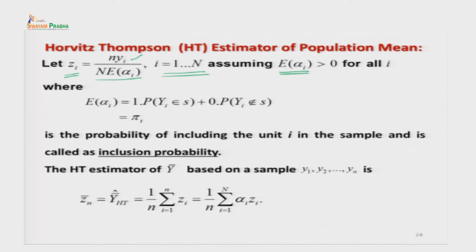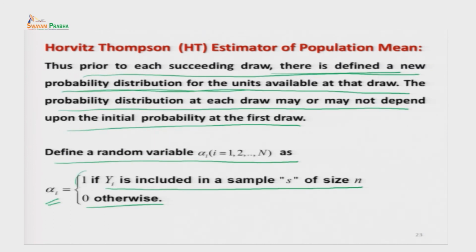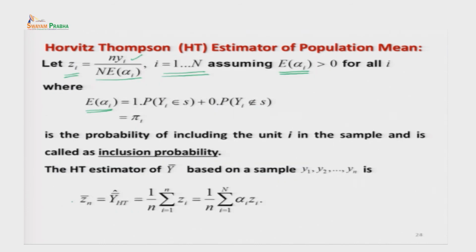And if you try to see here, what is this expected value of alpha I? This alpha I takes value 1 and 0. So now this becomes 1 into the probability that yi belongs to S, plus 0 into the probability that yi does not belong to the sample S. This probability you have assumed to be pi I. So this is simply pi I. Pi I is the probability of including the ith unit in the sample, and this is called the inclusion probability.